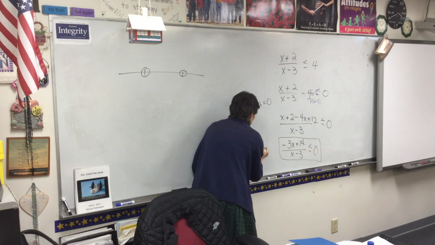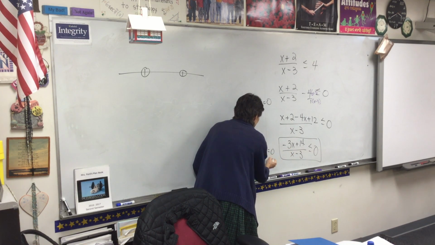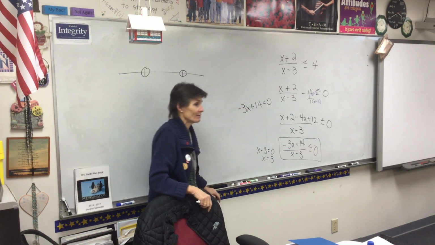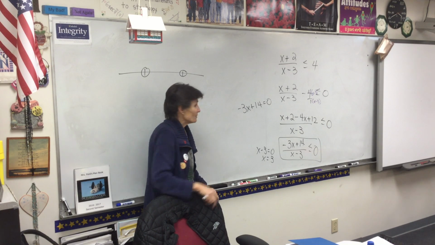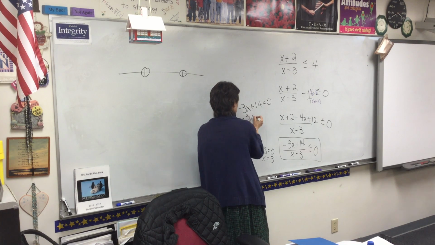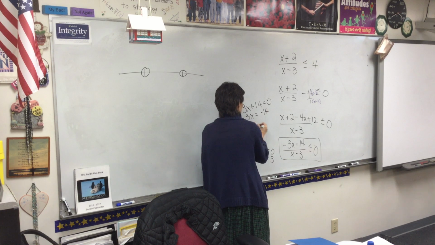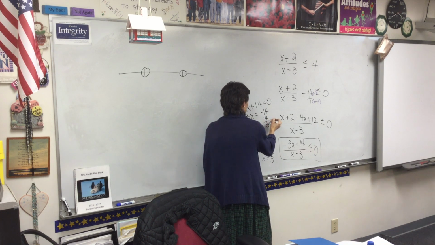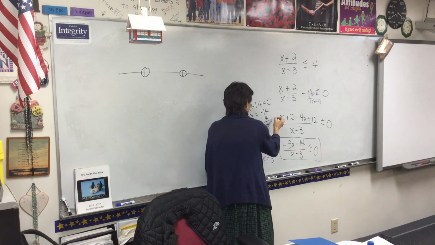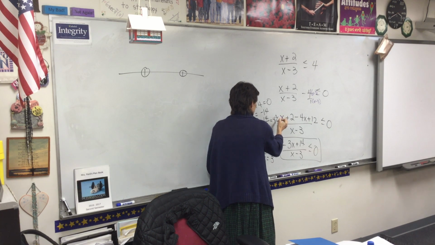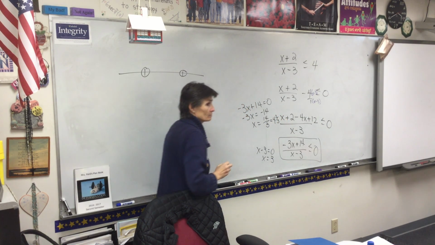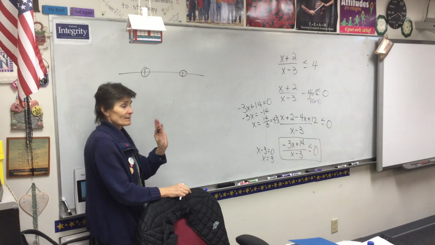See, this one, that's what you did, but it was so easy you did it in your head and said, okay, I'm going to have a dot at 3. This one's harder. Where is that dot going to be? 14 thirds, which is 4 2/3. Now, it doesn't really matter.